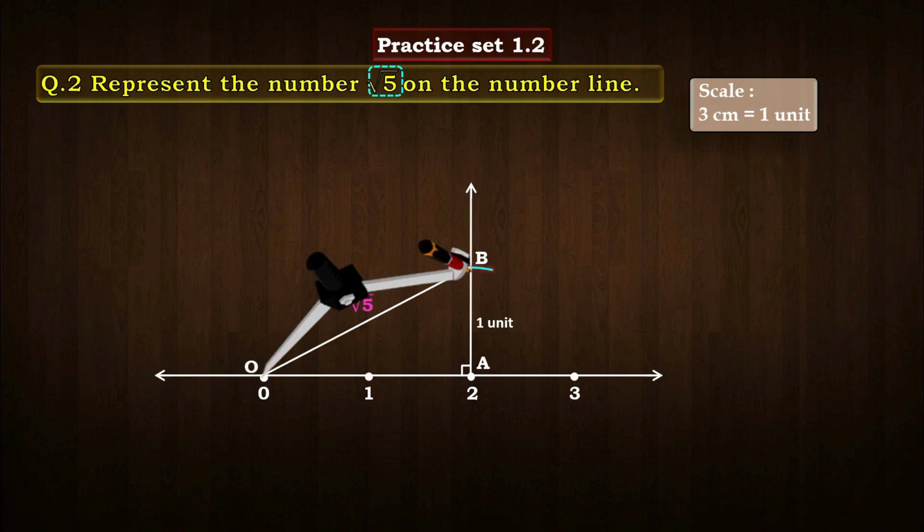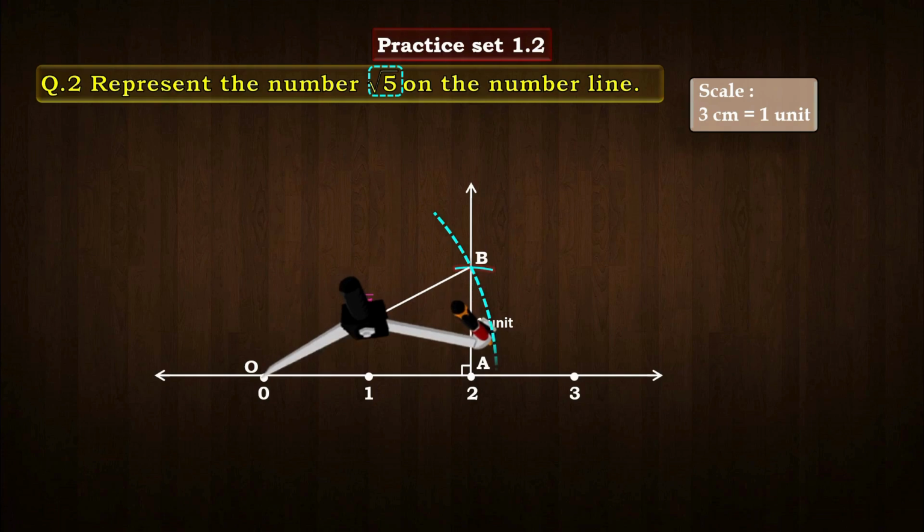Now take the compass and measure the distance of OB and draw the arc which cuts the number line. So here we are going to take the OB as the radius. So it cuts the number line at point D. So this OD is now root 5. So this is the number line drawing of root 5.